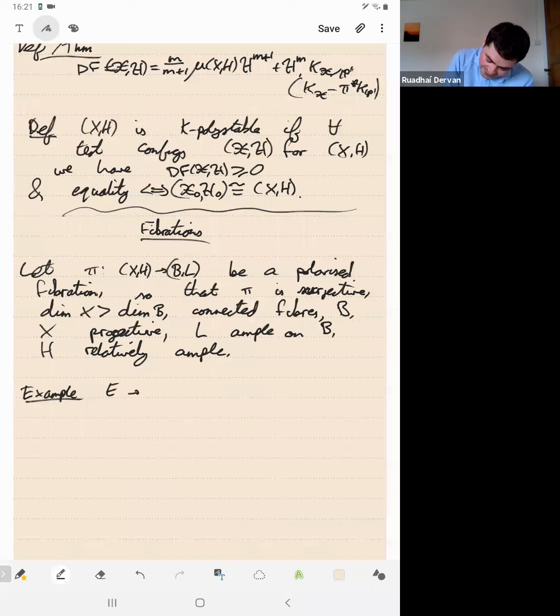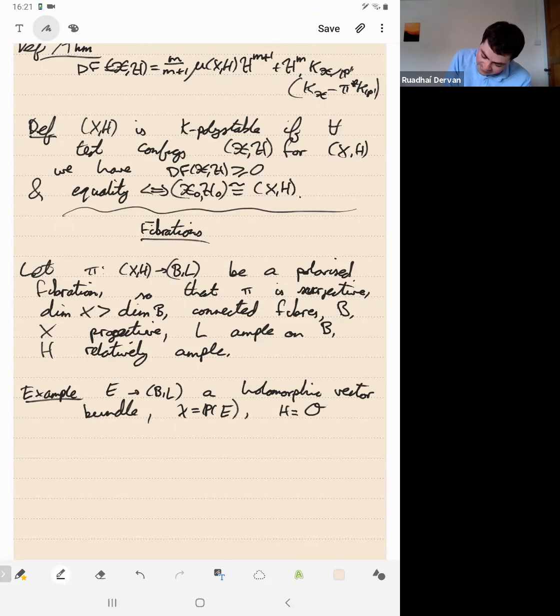So the example is if I take E over B, a holomorphic vector bundle, or I guess really an algebraic vector bundle, I take X to be the projectivization of E, and H to be the induced O(1) line bundle on P(E). So then what we have is a fibration where all the fibers are projective space. The line bundle restricts to the O(1) line bundle on projective space for all fibers, but we get some non-trivial topological structure because we've taken a non-trivial holomorphic vector bundle.